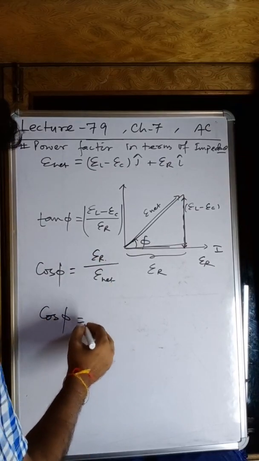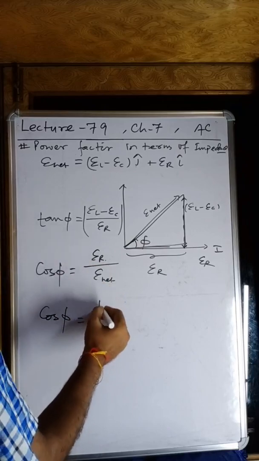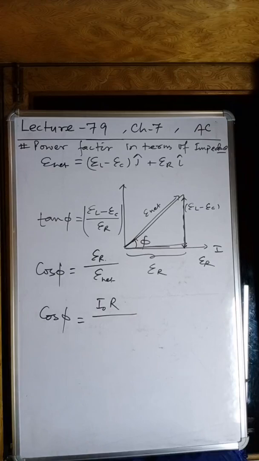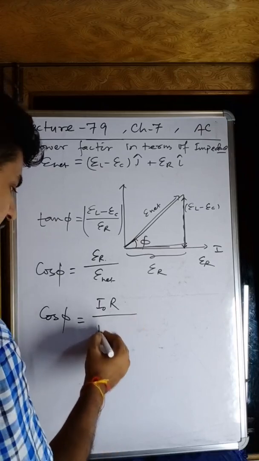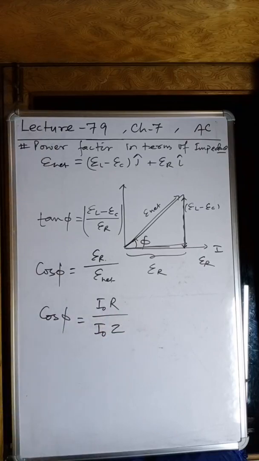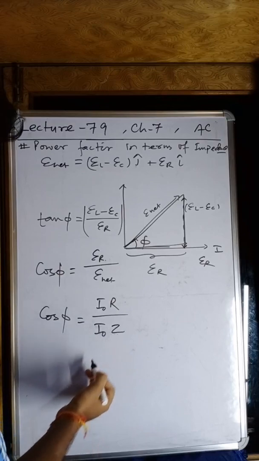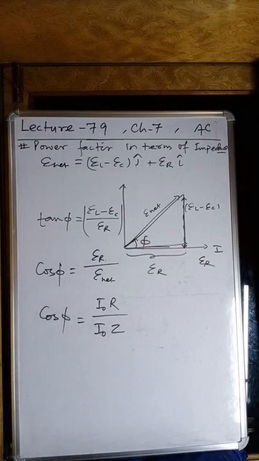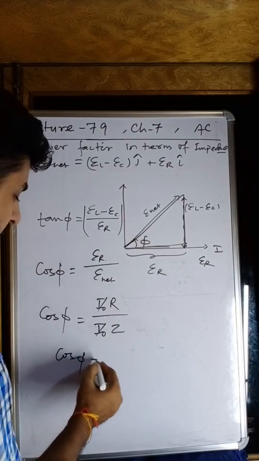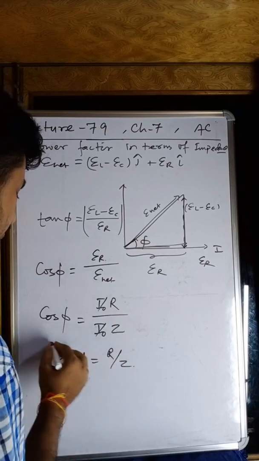So this can also be written in terms of the current through the resistor, which is the same as the current through the equivalent circuit, and the impedance Z. Z, the equivalent resistance multiplied by the current, gives the equivalent voltage, that is the net voltage. The current will cancel out and cos phi is R over Z.